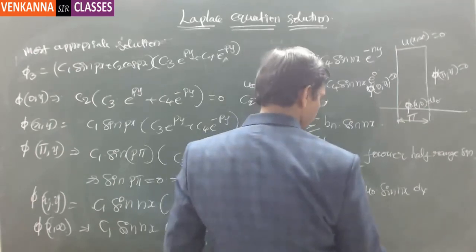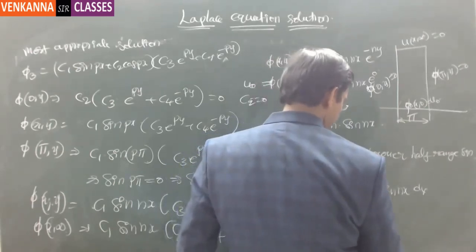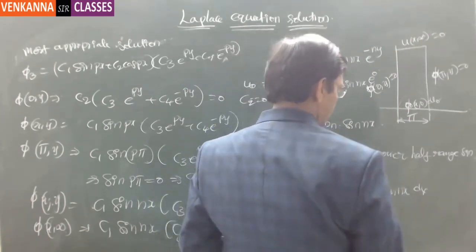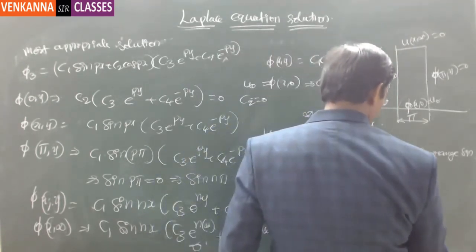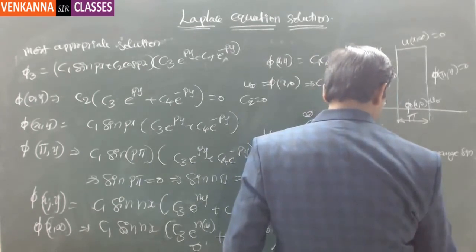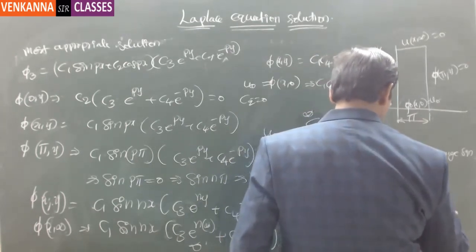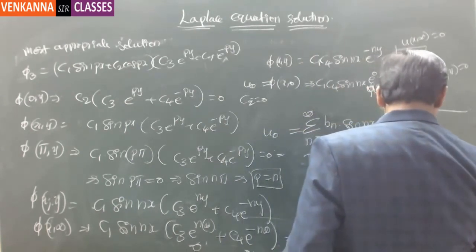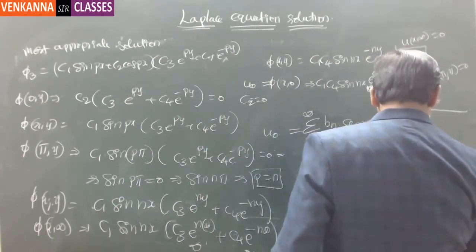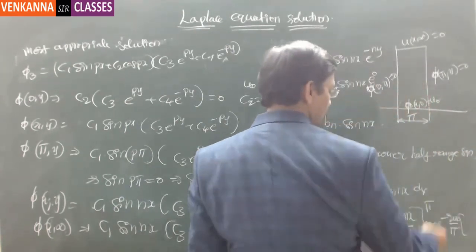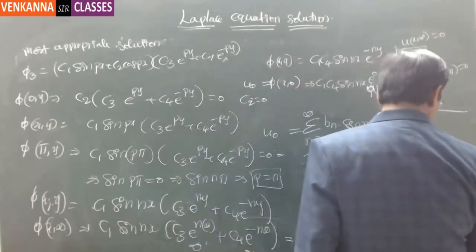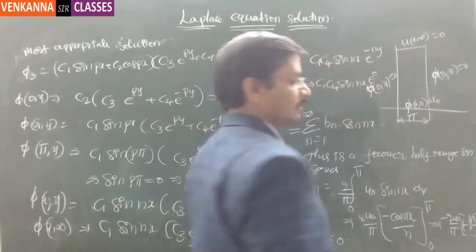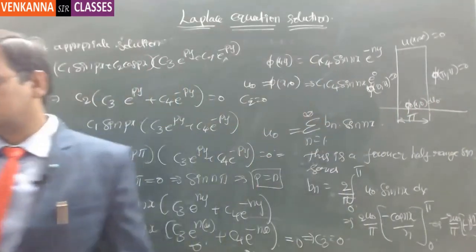So this is going to be 2 u naught by pi into integral sin nx, so minus cos nx by n, and the upper limit is pi and the lower limit is 0. So this is minus 2 u naught by pi, and then cos n pi is minus 1 whole power n, minus 1. Got it?